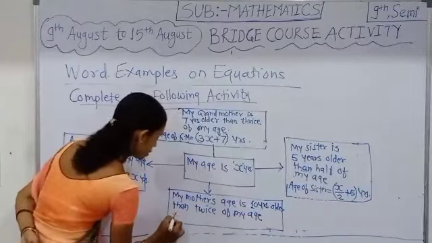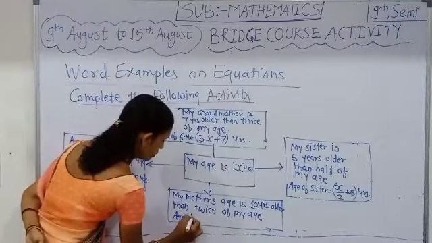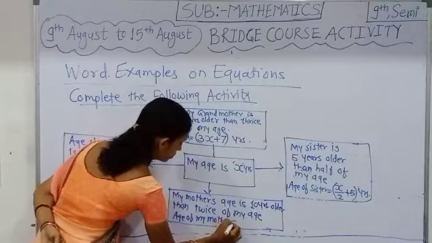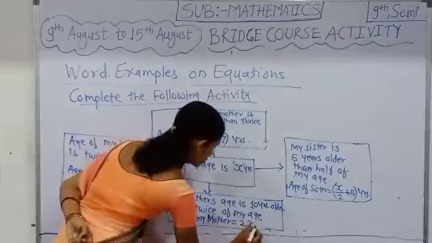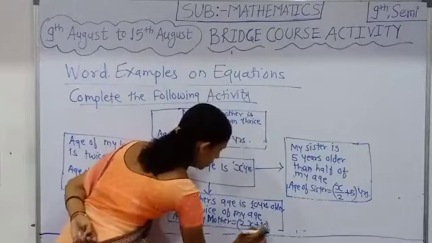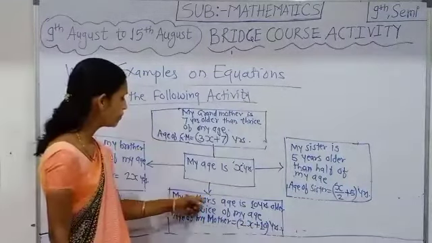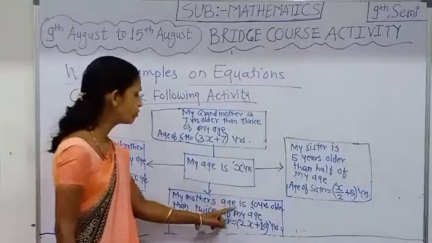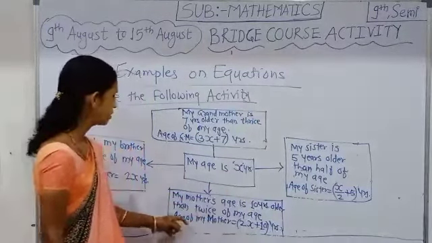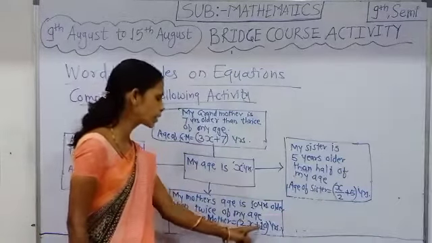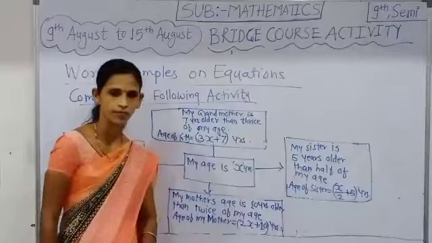Therefore the age of my mother is 2x plus 10 years. Here my mother's age is 10 years older than twice my age, so the age of my mother is 2x plus 10 years.